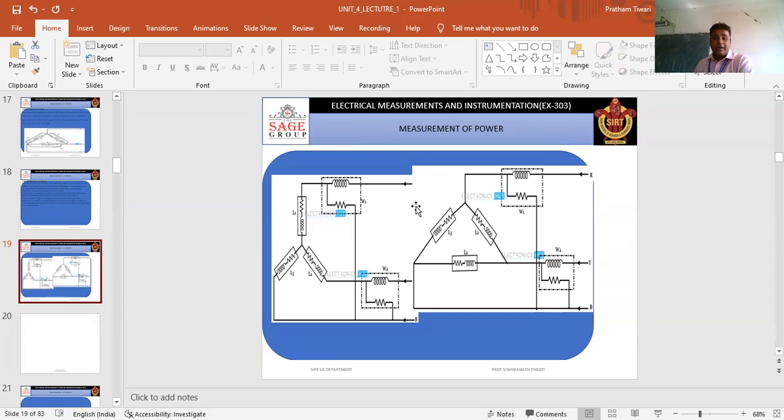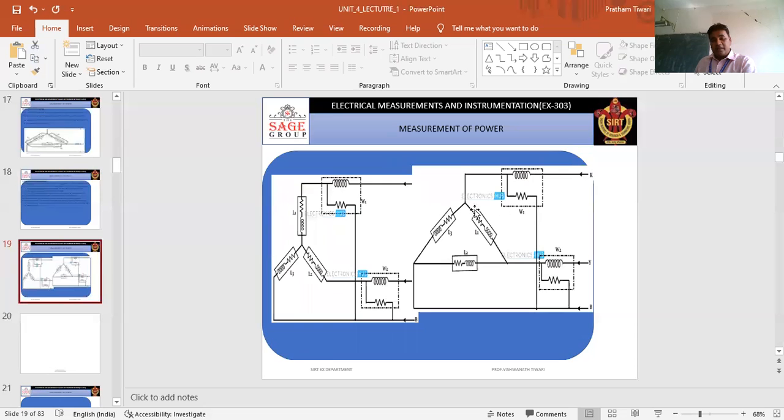Now suppose in this diagram we connect wattmeter 1 in the red phase and wattmeter 2 in the Y phase. CC of W1 is connected in series with the R line, and CC of wattmeter 2 is connected with line Y, and the common of PC of wattmeter W1 and PC of wattmeter W2 is connected to the third line B. This diagram is called a delta connected load with W1 and W2.